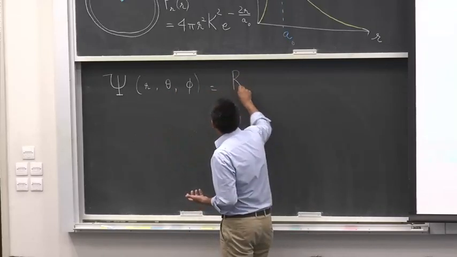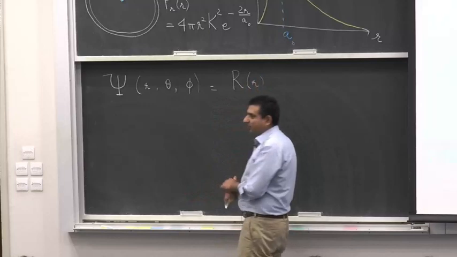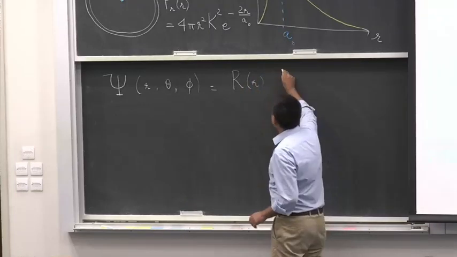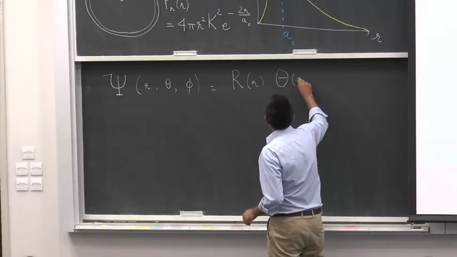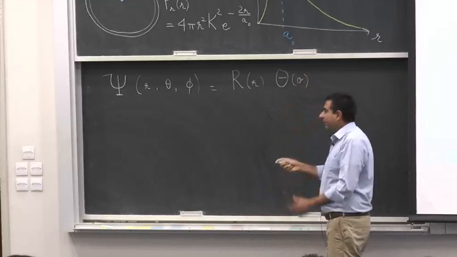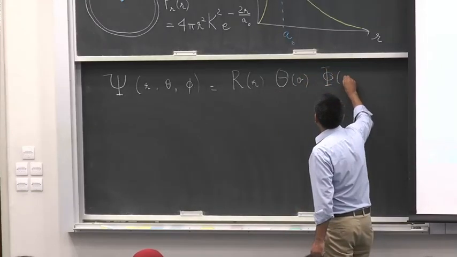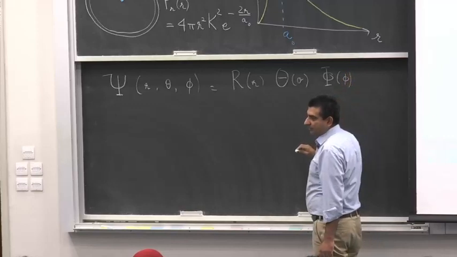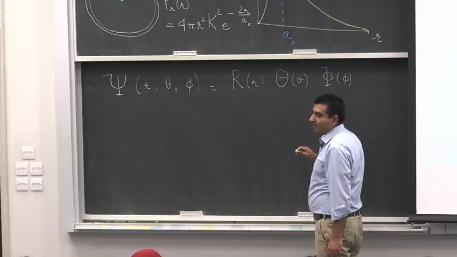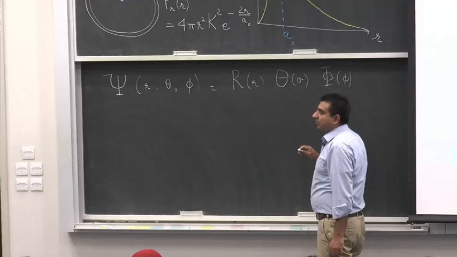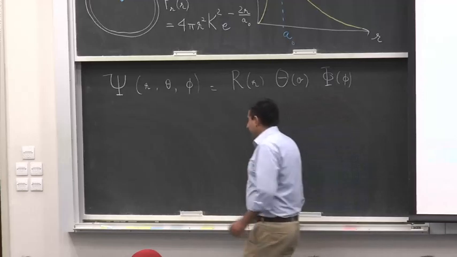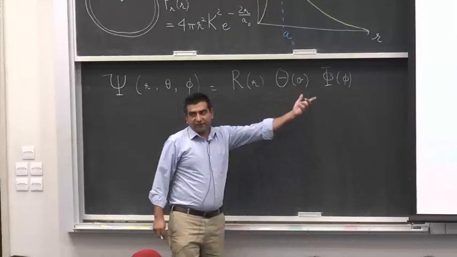One is the radial part, which depends upon r. One is the polar angular part which depends upon theta, and one is the azimuthal part which depends upon the azimuthal angle. It depends upon theta and phi as well.